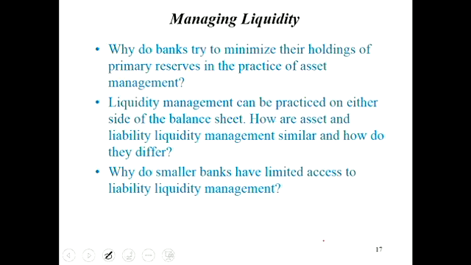Example: notes and coins, reverse repos, accounts at the Reserve Bank, and there are other ones. This is stuff that is liquidity, and if anyone wants to draw money out for any purpose, it comes out of here.